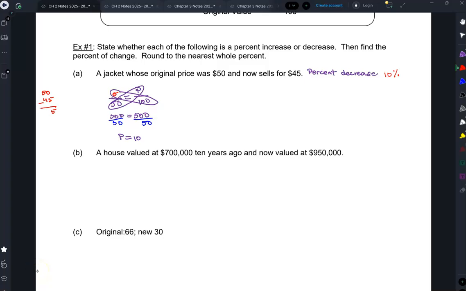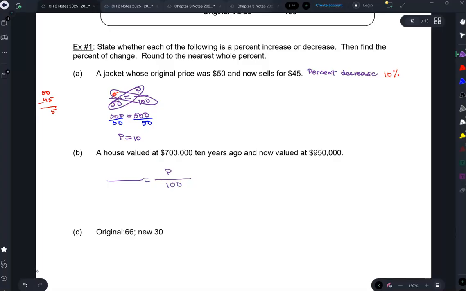Here we have a house valued at $700,000 10 years ago, and now valued at $950,000. So what I want to do now is set up a proportion. Here it's going to be P over 100. But here I want the difference, right?